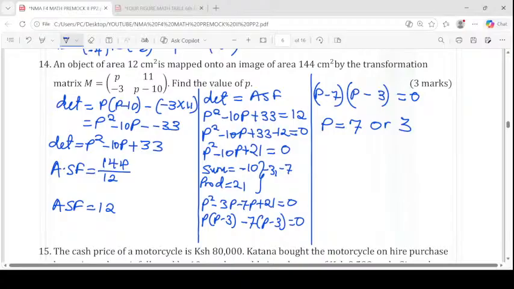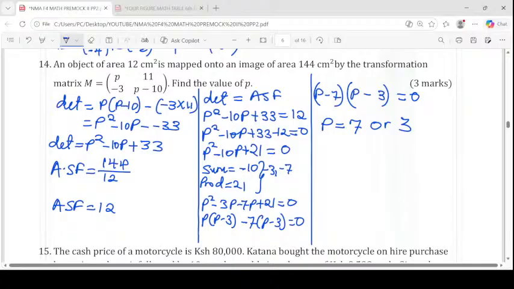The question was to find the value of P. You are told to find the value of P in such a question. So I think we've gotten the two values of P.